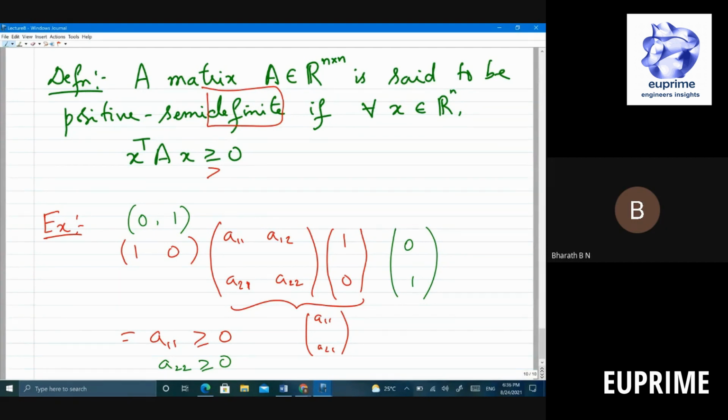Suppose a matrix has one of the diagonals negative and some of them positive. You can say for sure that it's not positive semi-definite. If it is positive definite, then the diagonal should not even be 0; 0 should be avoided too. Is that fine, everyone? So this is one quick check whether a matrix is positive semi-definite or not: the diagonal should always be non-negative.